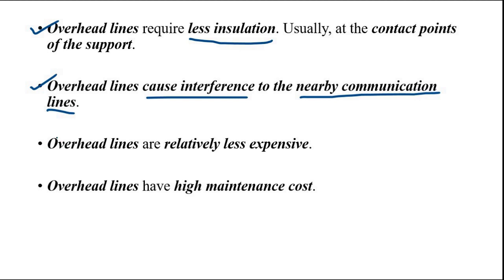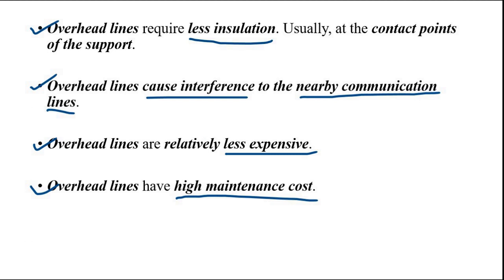Then the overhead lines are less expensive as compared to the underground lines, but they have a high maintenance cost, which is required periodically. The installation and foundation cost is less, but the maintenance cost is high.